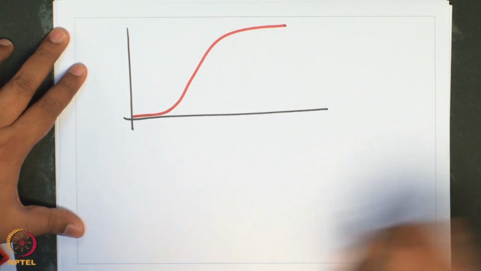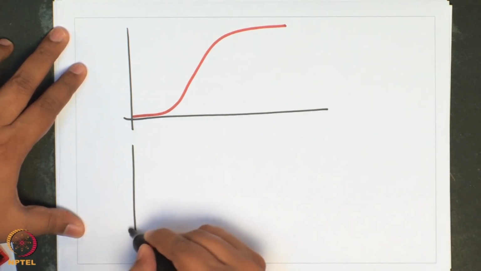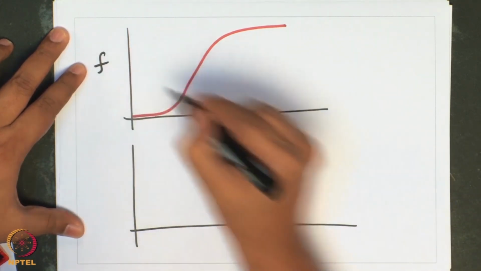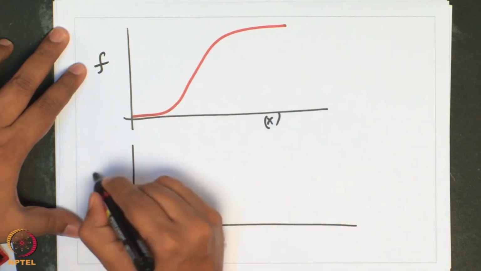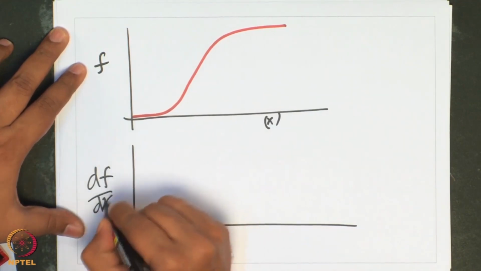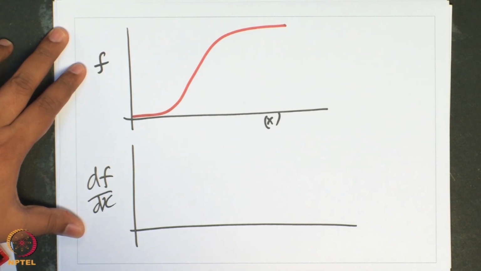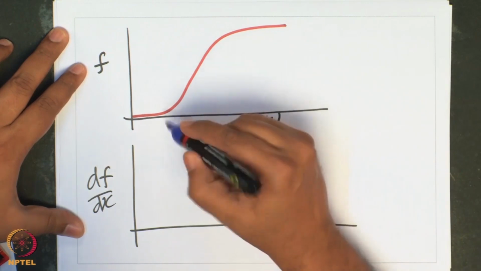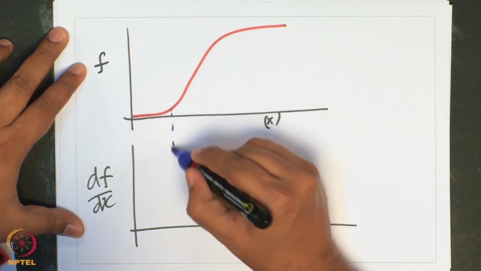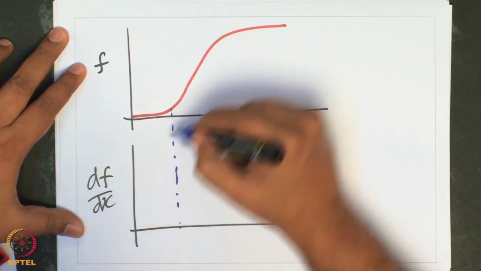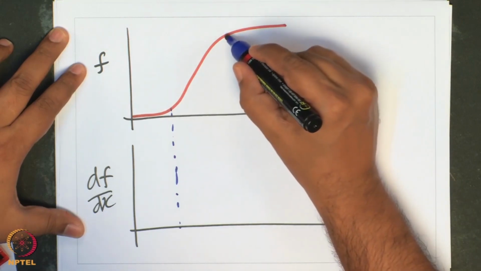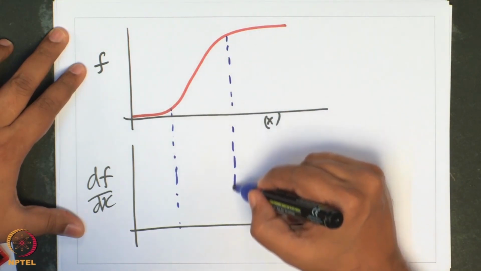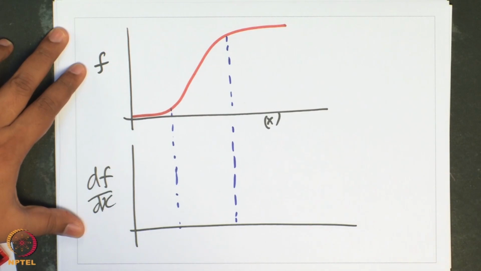And if we want to plot its derivative, so this is our f of x, and now we want df by dx to be plotted. So, we know that roughly up to here, even though I cannot precisely tell the point, somewhere here there is a transition. But the transition is very smooth.